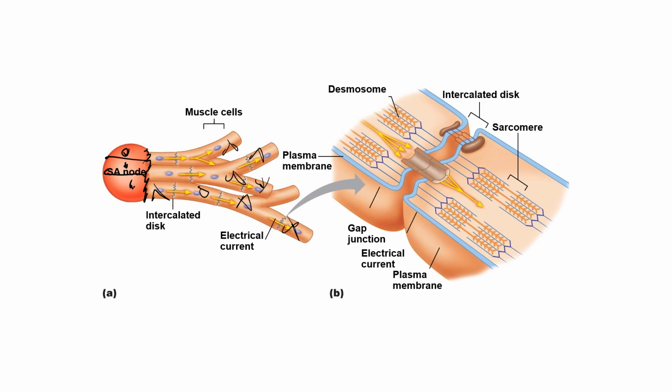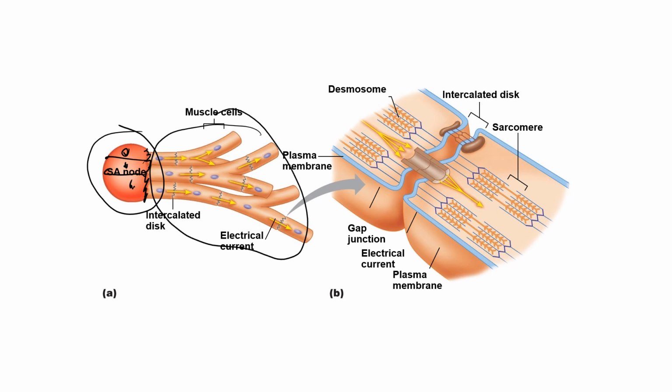But I need to be clear. I know I've said it a million times, but it's really important. These SA node fibers, to the naked eye, would be really indistinguishable from these cardiac fibers. So these are SA node fibers, which are part of the right atrium, by the way, and these are true contractile fibers.